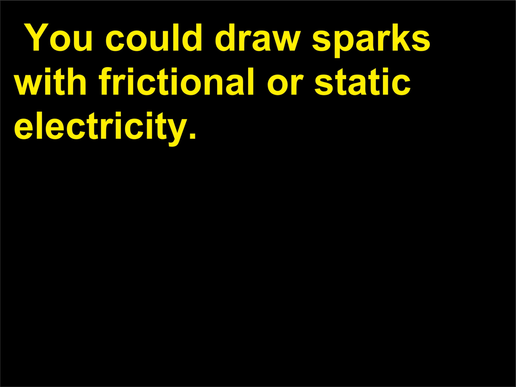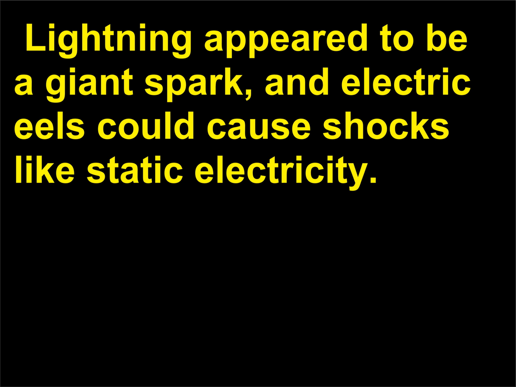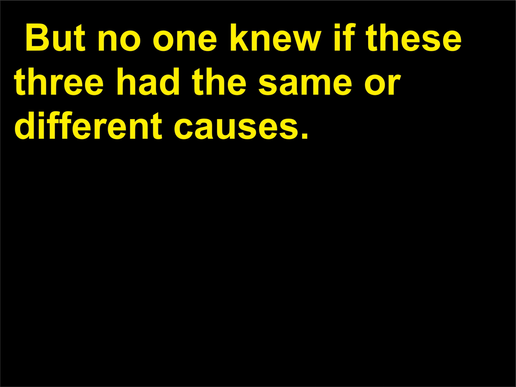You could draw sparks with frictional or static electricity. Lightning appeared to be a giant spark, and electric eels could cause shocks like static electricity. But no one knew if these three had the same or different causes.